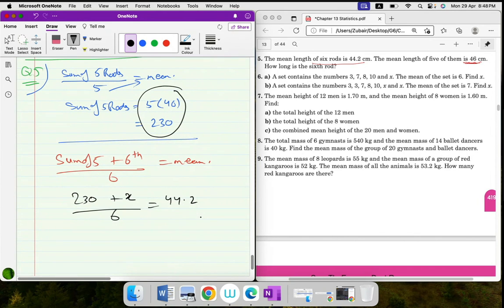Yes. Now we just solve it. 230 plus x is equal to 44.2 into 6. That leaves us with 265.2. x is equal to 265.2 minus 230, and we get 35.2 centimeters.